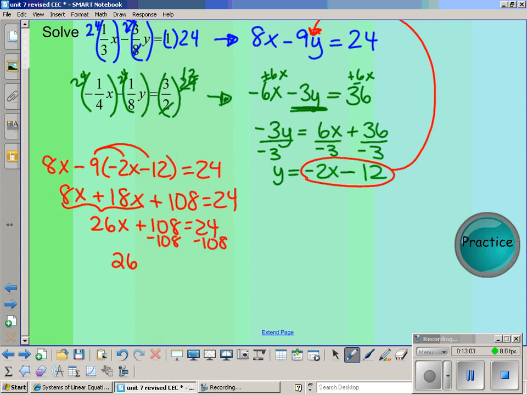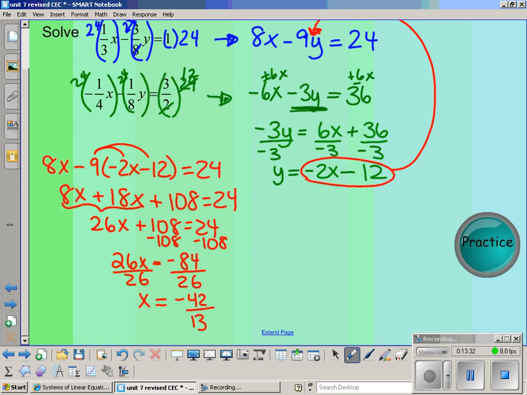So we'll have 26x equals negative 84. And in this case, when we divide by 26, we do not get an exact decimal. So we are going to have to leave it in fraction form. And that is negative 42 over 13. All right, so we must leave the answer in fraction form.